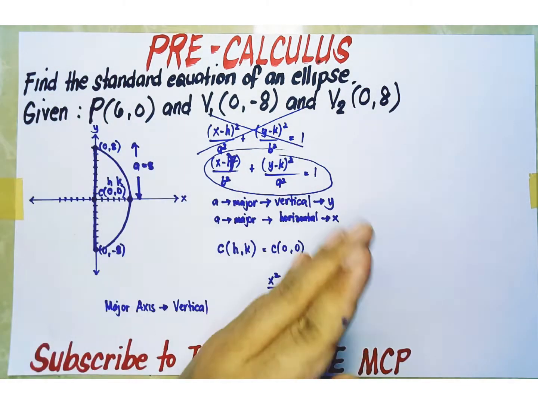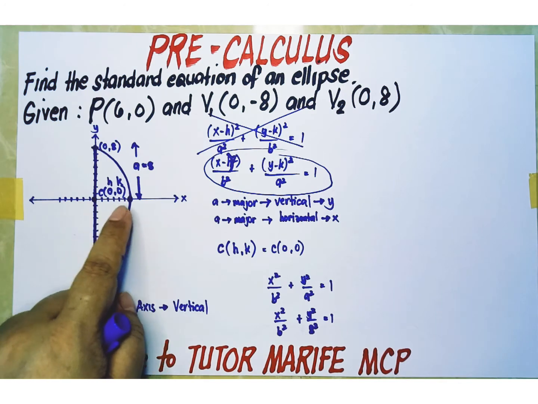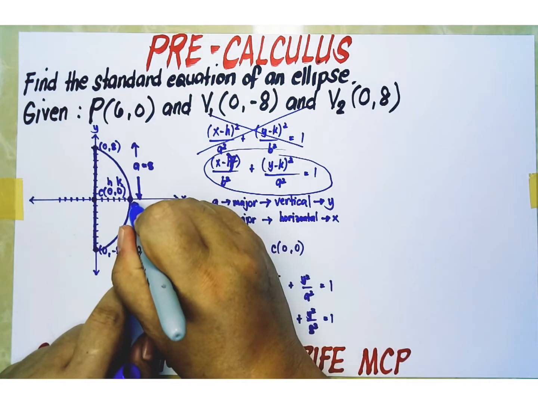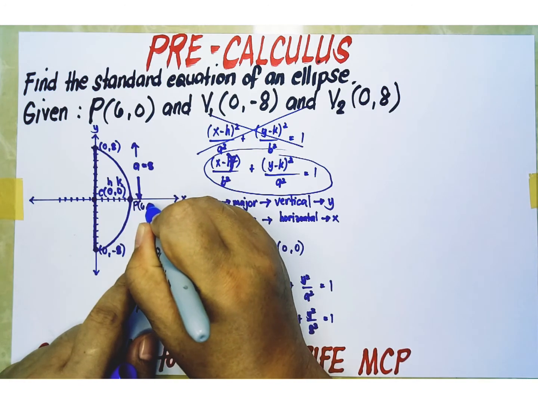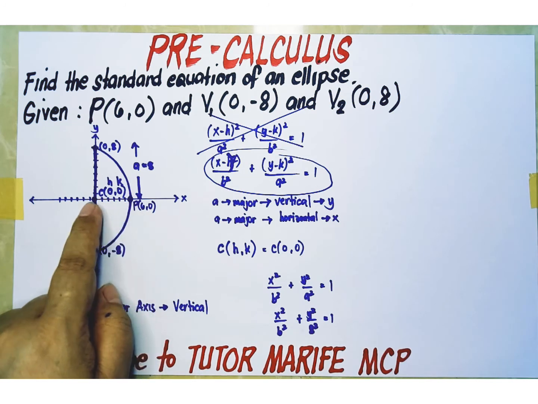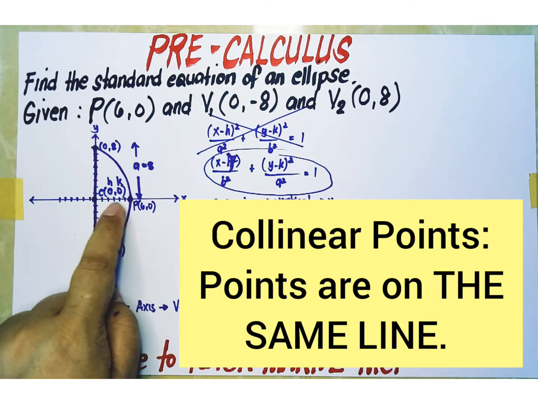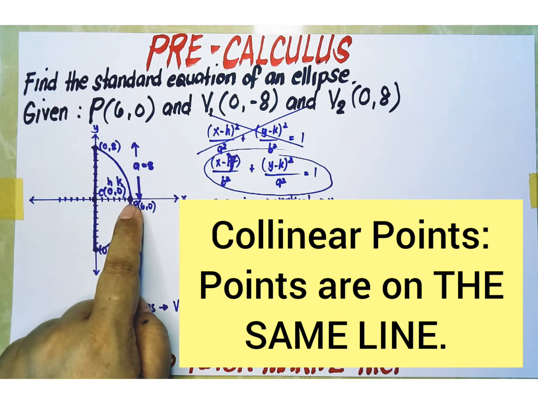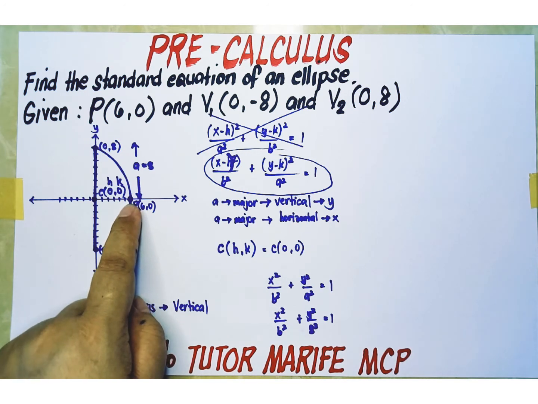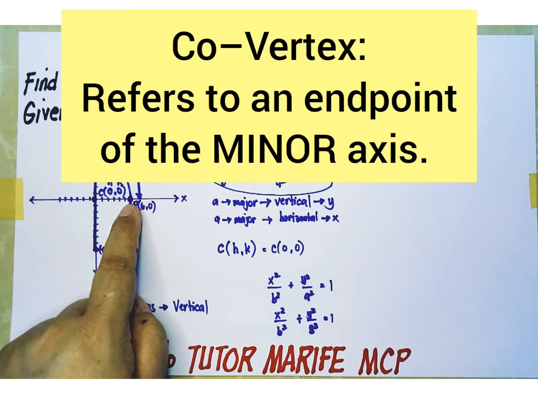Notice your point P at (6, 0). It's collinear with the center. That means this point P at (6, 0) is actually the co-vertex of the minor axis.